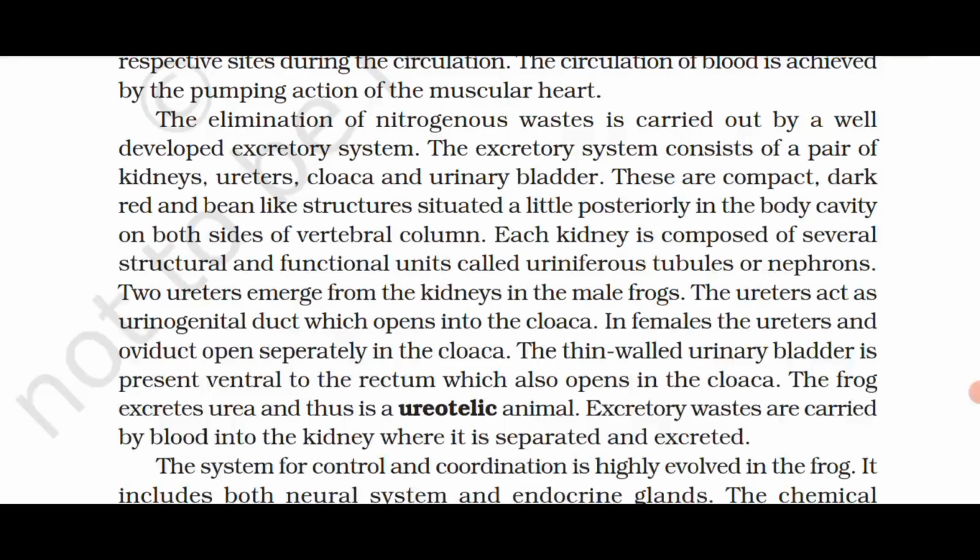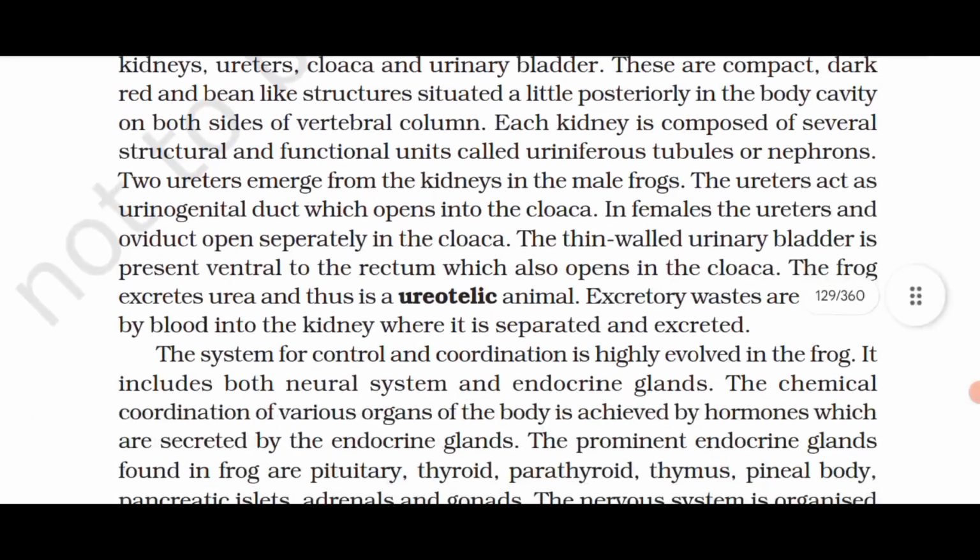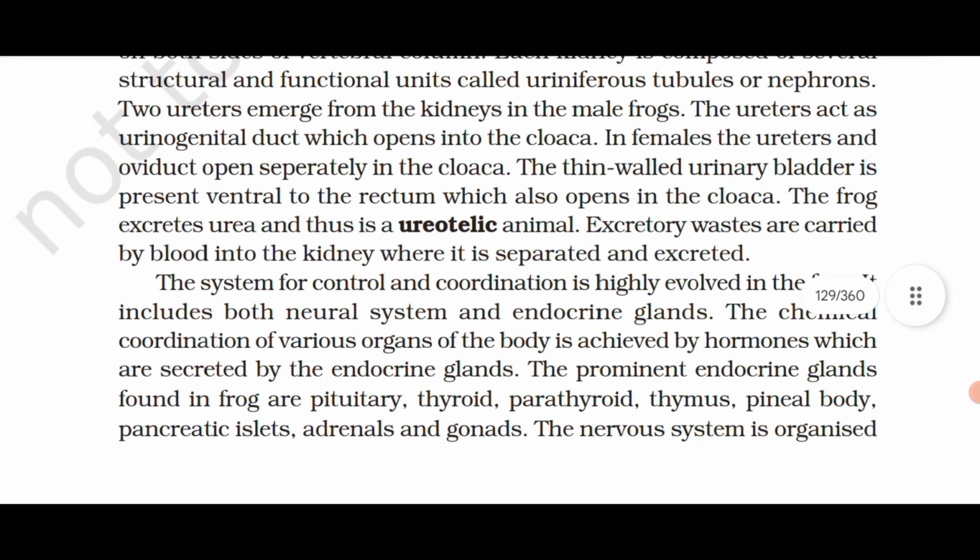Two ureters emerge from the kidneys in the male frogs. The ureters act as urinogenital duct which opens into the cloaca. In females, the ureters and oviduct open separately in the cloaca. The thin-walled urinary bladder is present ventral to the rectum, which also opens in the cloaca.